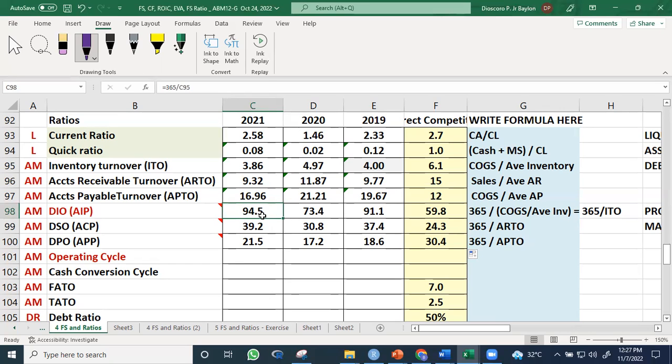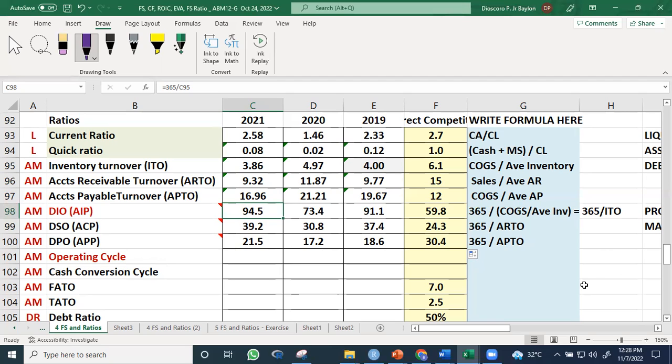So, itong DIO at saka DSO, the bigger, okay, the less favorable. Or the smaller, the better. Okay. Although magpinsan yan, guys, si ITO at saka si DIO, pero yung number sila baliktad. No? Si ITO, the bigger, the better. Si DIO, the smaller, the better. Pero pareho lang yun sila. They're measuring the same thing. Okay?